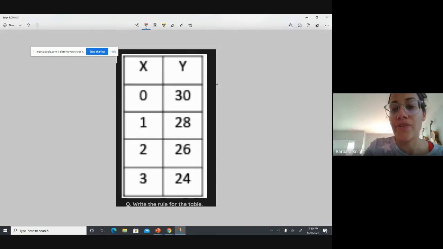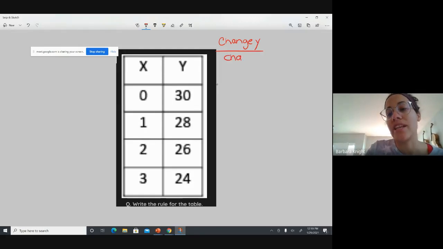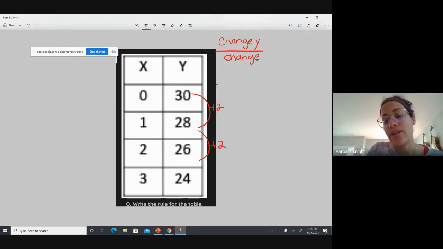So the first thing you do is your change in y over change in x. Your change in y, to go from 30 to 28, you had to subtract 2. To go from 28 to 26, subtract 2, and from 26 to 24, subtract 2.